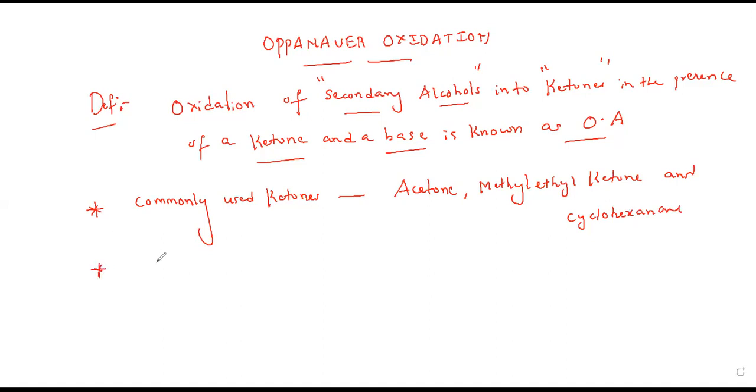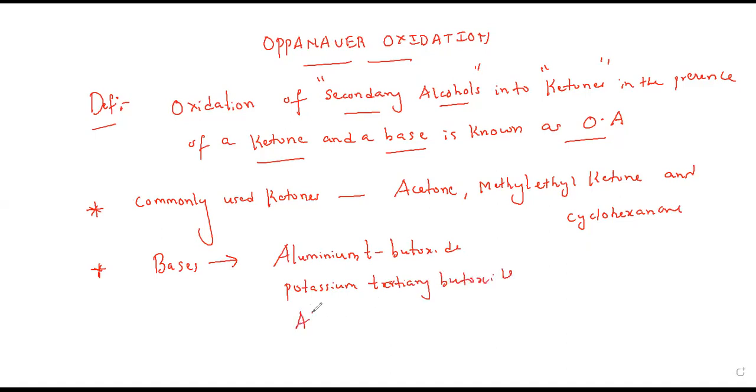Similarly, what are the bases we are going to use in Oppanauer oxidation? I list out the bases also, like aluminum tertiary butoxide, potassium tertiary butoxide, and aluminum isopropoxide.